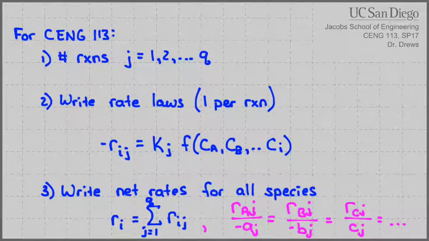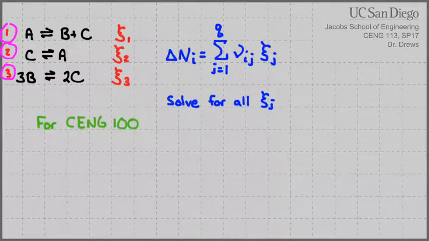So we already did step 1. Step 1 was we have j equal to 1, 2, and 3. If we go to step 2, we have to write a rate law, 1 per reaction. We're just going to pick whatever the most relevant species is for each one of those reactions. If we look at the first one, we don't have much of a choice. We're going to write it in terms of A because it's the only reactant.